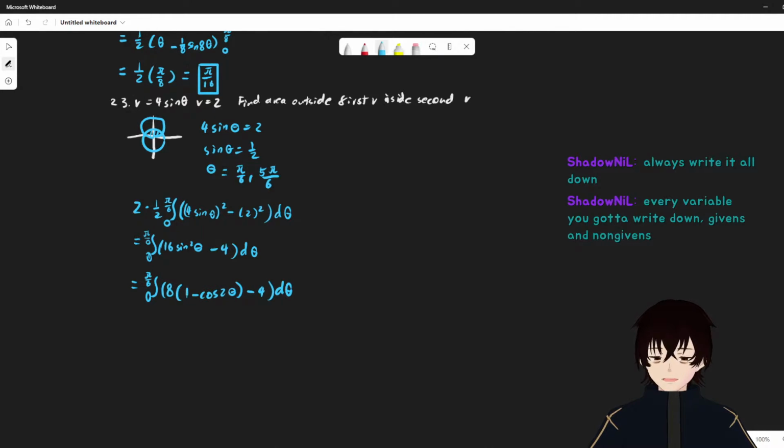Writing it down does help. Which is equal to 4 theta minus 4 sine 2 theta from 0 to pi over 6.